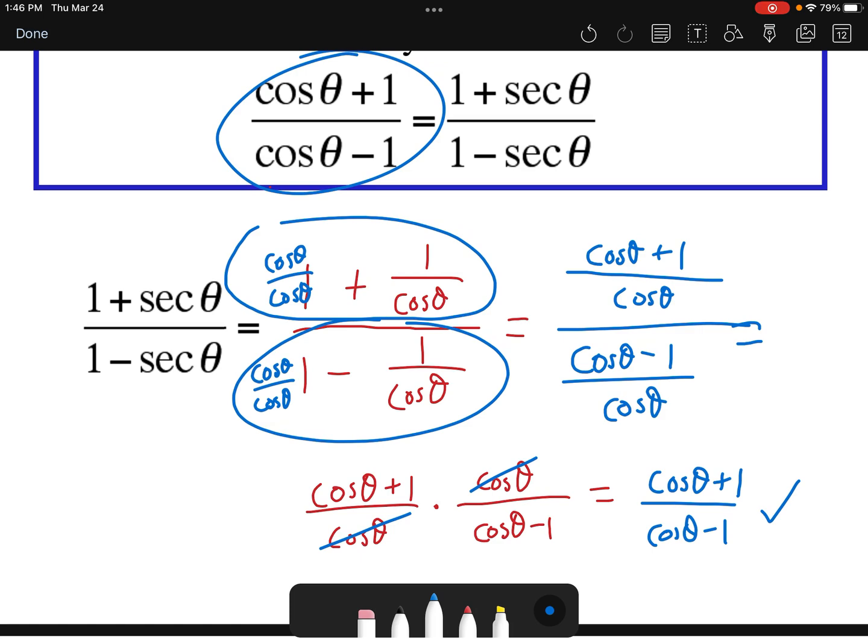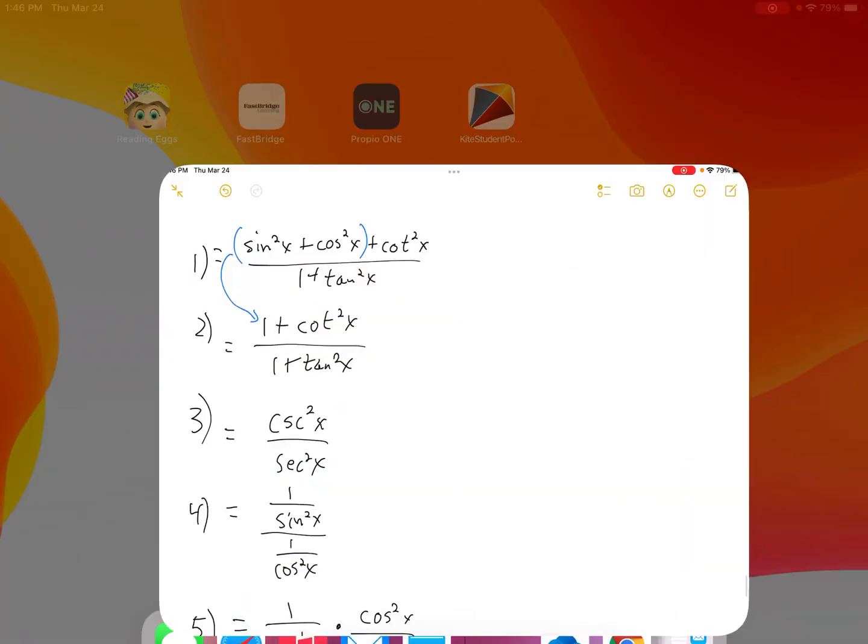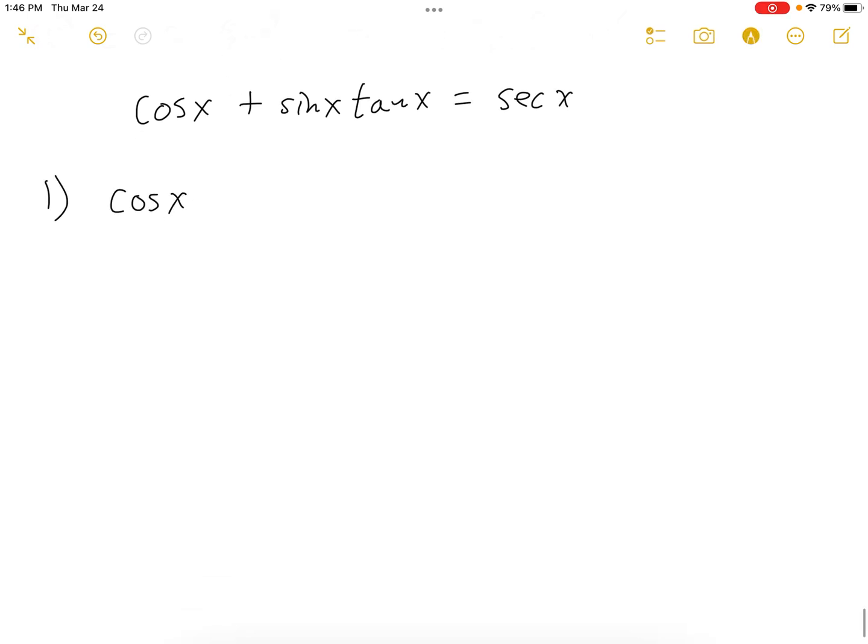Okay? Now, I would invite you then to grab that handout, and let's look at some of these that are given with empty spots. So on the first one, we have cosine x plus sine x tangent x, and that equals secant x. Well, obviously, the left side is the most difficult side, and they give us this. Okay, so now we're going to go to step 2.